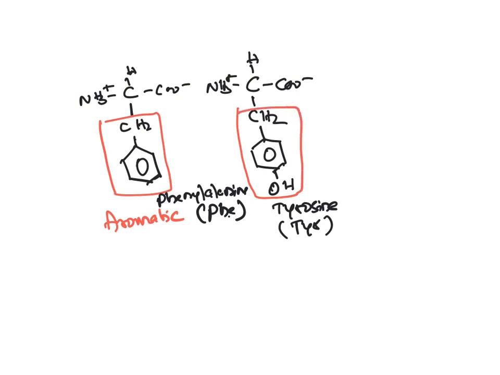Now our next amino acid in the category is tryptophan. It has the alpha carbon, COO minus, NH3 plus, and then CH2, and then a 5-membered ring with the nitrogen attached, and further this is attached to a benzene ring.